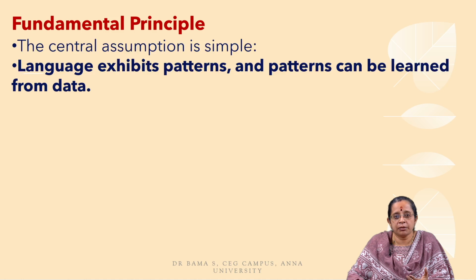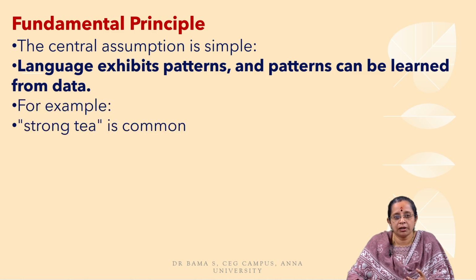Now, we will be going into statistical NLP in the next session, but here is a quick introduction, where the language exhibits some patterns, and this is the presumption with which the statistical side can be approached.